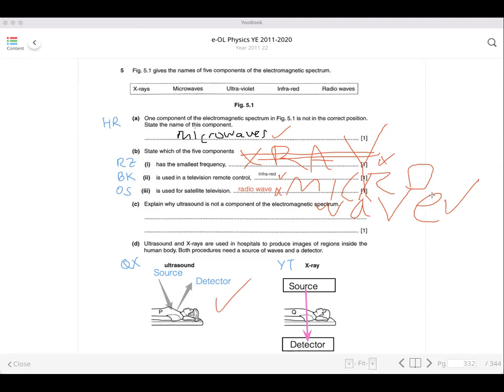So for part one, which of these components has the smallest frequency? This one is very distracting. Let me just erase.